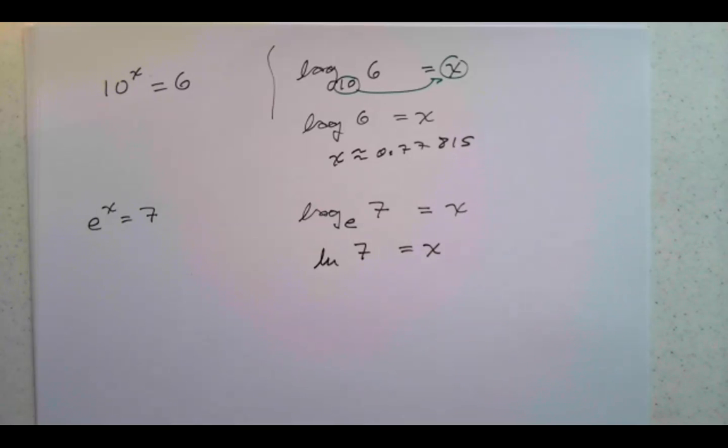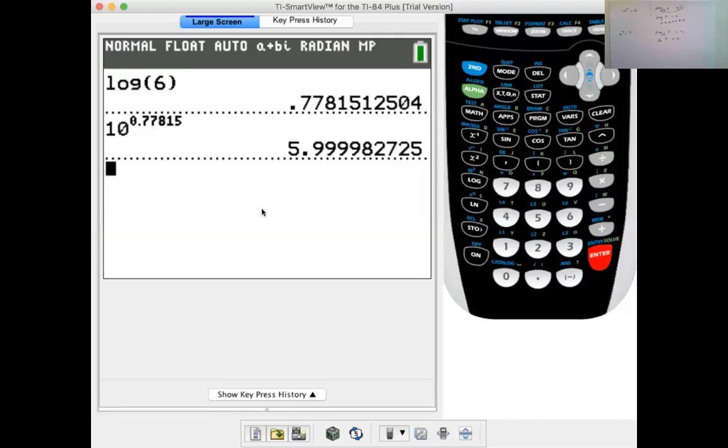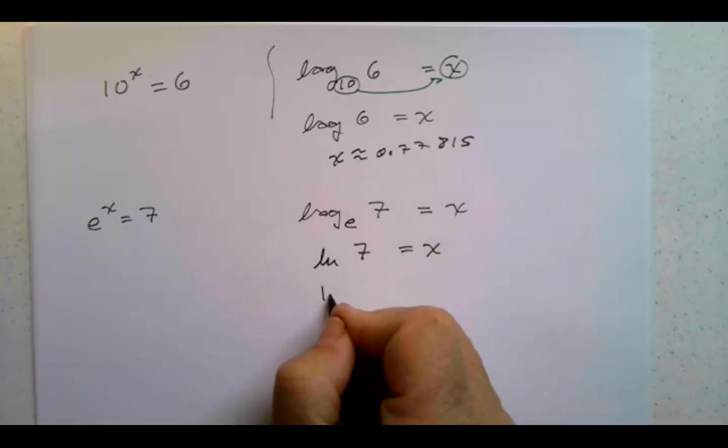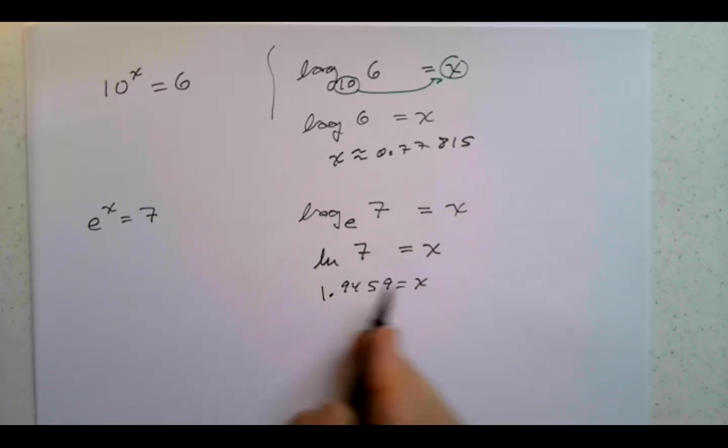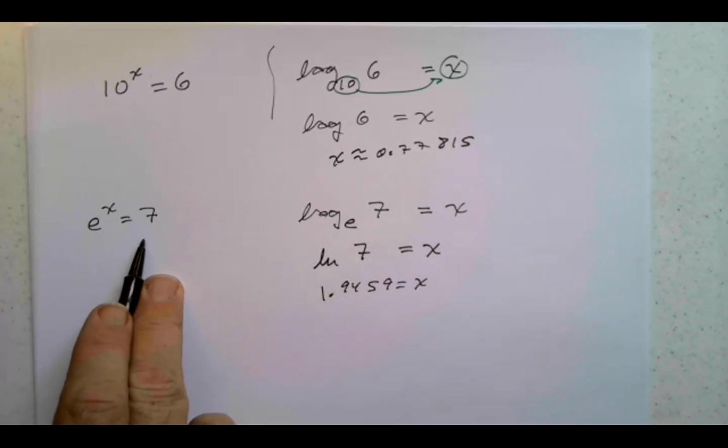So let's get that from the graphing calculator. What is the natural log of 7? And we get 1.9459. So I'm going to check it. e to the 1.9459 should be pretty close to 7.